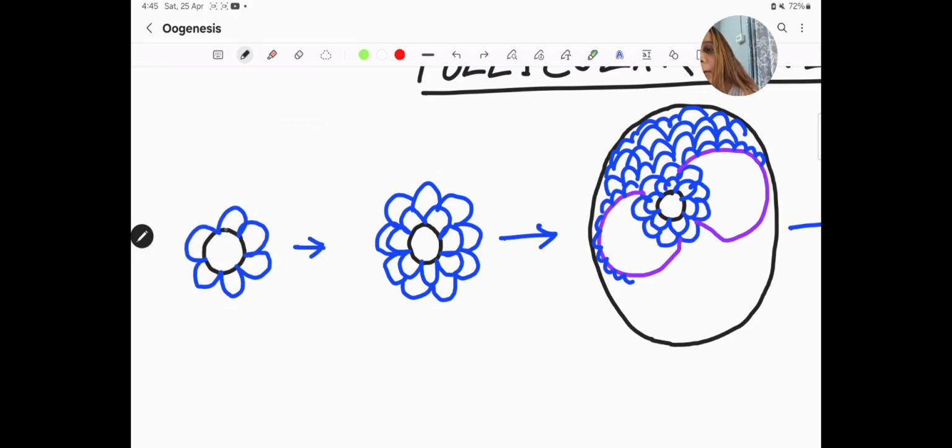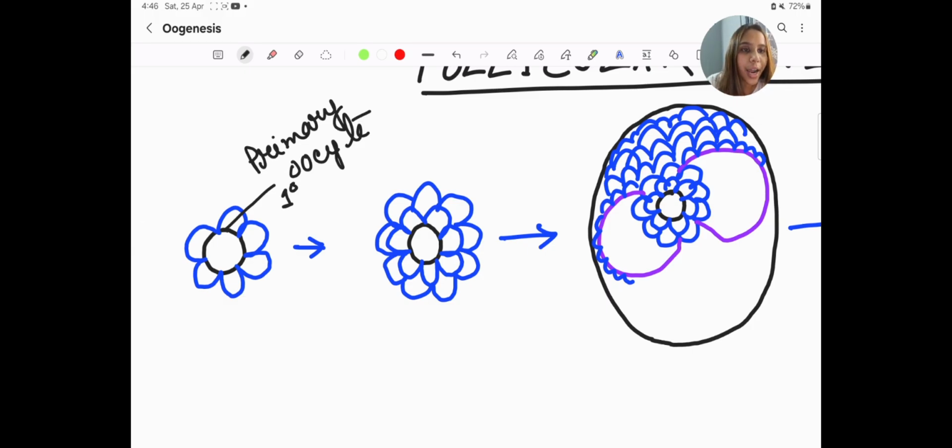This is the primary oocyte, and we can write it as first degree oocyte. The follicle where this primary oocyte is located is named the primordial follicle.